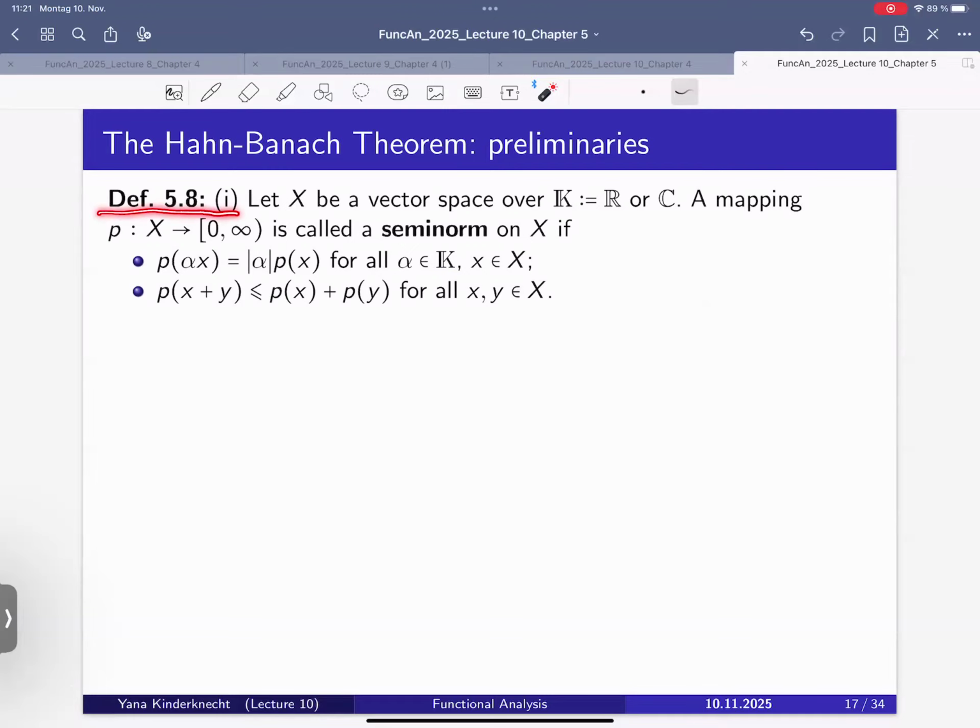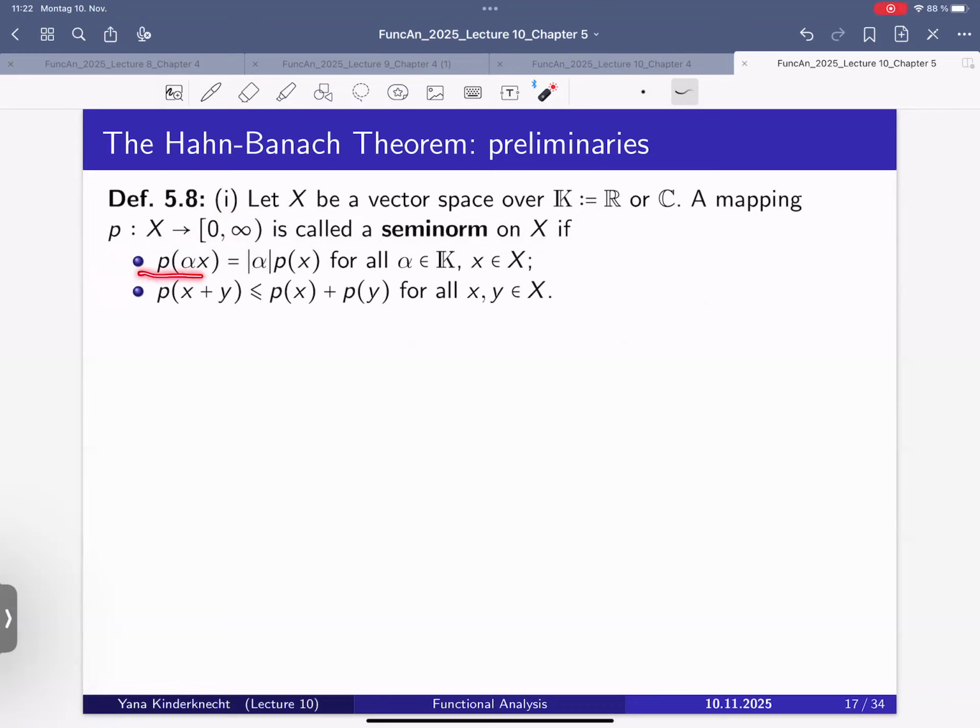Definition 5.8, part 1. Let X be a vector space, as usual over the field of real or complex numbers. A mapping P from X to non-negative numbers is called a semi-norm on X if these two requirements are satisfied.